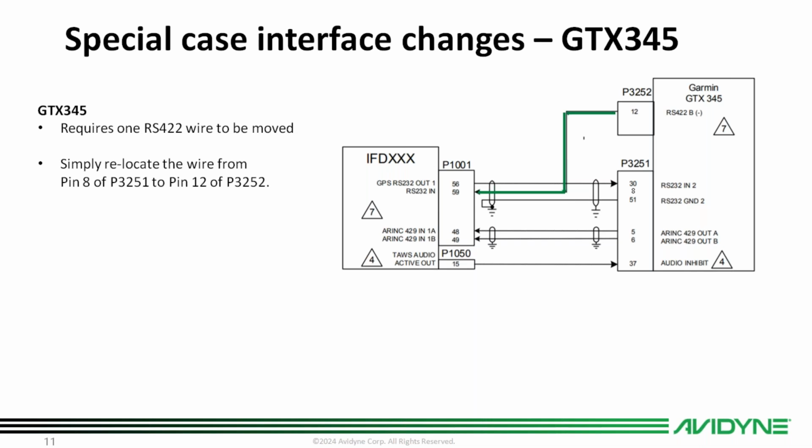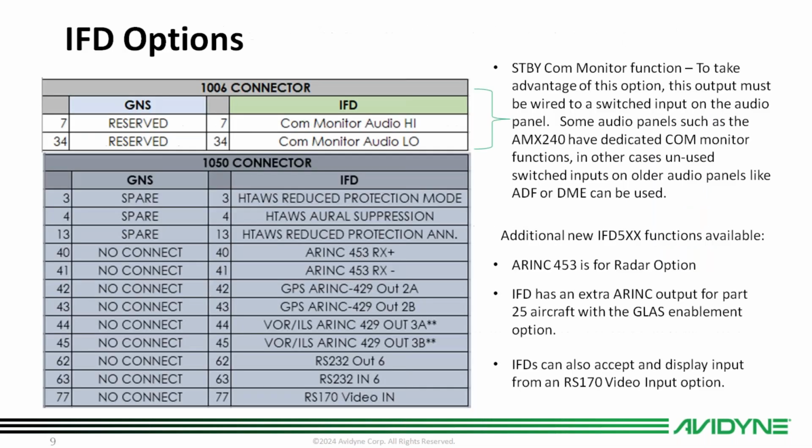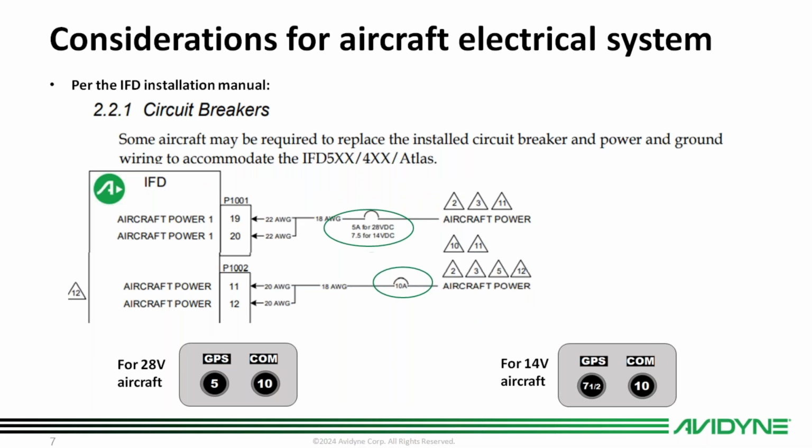What are the breaker recommendations for 14 volts? I believe you said it goes to a 7.5. Yeah, so for 14-volt aircraft, the main breaker, so your GPS 1 or 2 breaker, whatever's giving the IFD the power, has to be changed to a 7.5 amp breaker for the main aircraft power in, and the COM breaker has to be changed to a 10 amp.